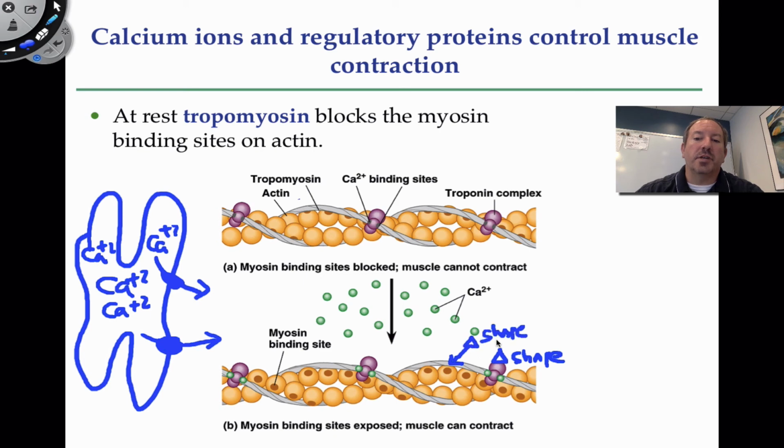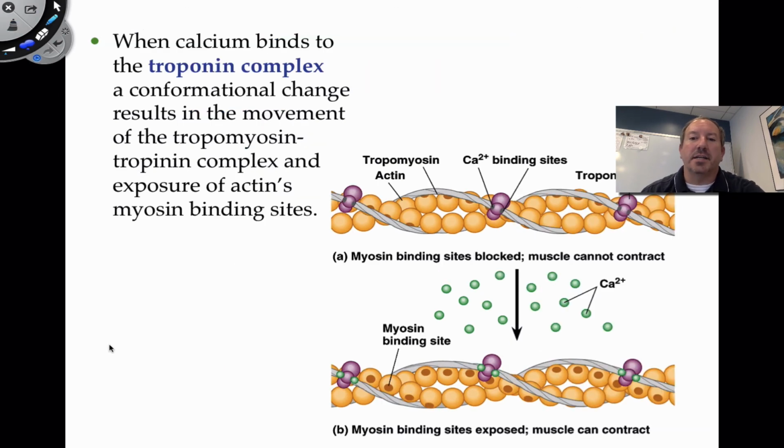And that causes the tropomyosin to move slightly. And when it moves ever so slightly, it exposes the binding site. Do you see, here's a close-up. The binding sites sort of look like olive pits right here. Now that the binding site is available, the myosin cross bridge can grab a hold of it and pull it in.